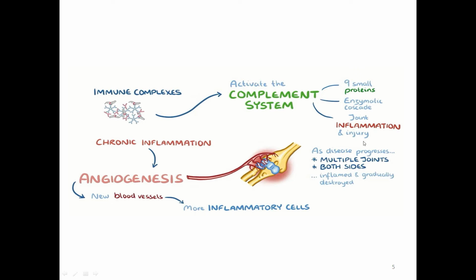If it is not treated, then it can result in chronic inflammation, which is also called angiogenesis. This is called the phenomenon of angiogenesis, in which new blood vessels get more inflammatory cells responding. So as the disease progresses, multiple joints on both sides are inflamed and gradually the bone is destroyed.